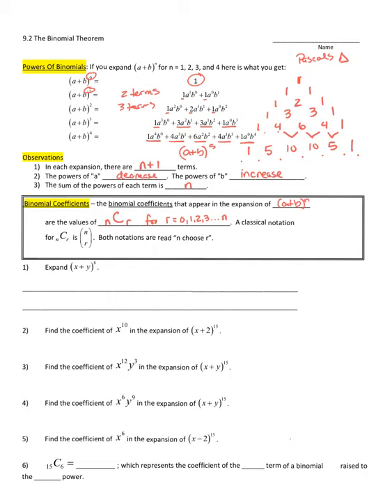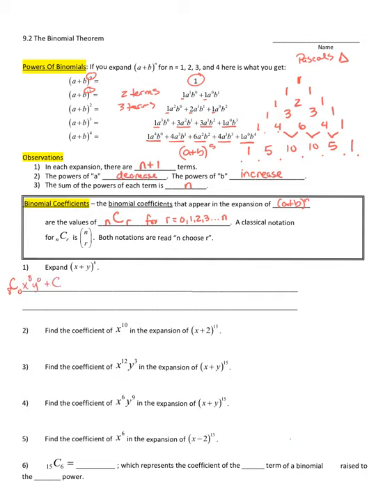So now we want to expand x plus y to the 8th. How do we do that? Well, we're going to use what we just learned. We'll start with the first coefficient, which is the combination of 8 things taken 0 at a time, which we know is 1, but I'm going to just show you this on this first line. And then it'll be x to the 8th and y to the 0.